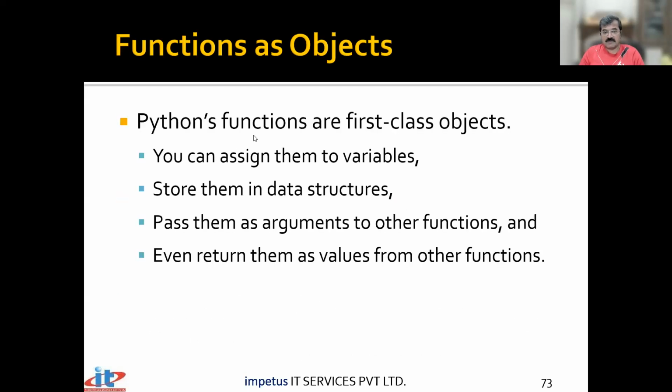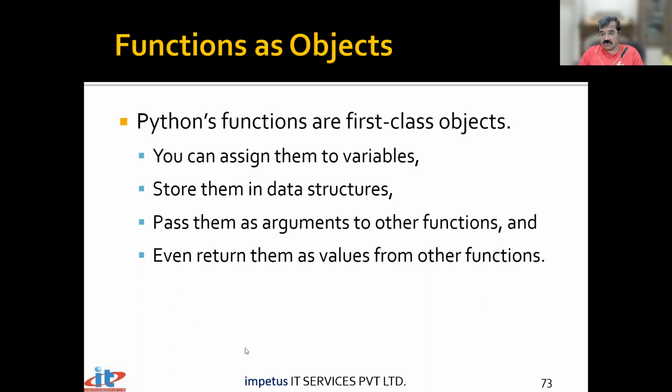Okay, Python functions are first class. Why? You can assign them to variables and store them in data structures. So that means I can have a list of functions. I can have a dictionary of functions. I can have a set of functions. I can store them in data structures, pass them as an argument to another function, and even return them as a value from another function. Please note this. In any language, if you see something called a first class citizen or first class object, we should be in a position to carry out these 4 operations on it.